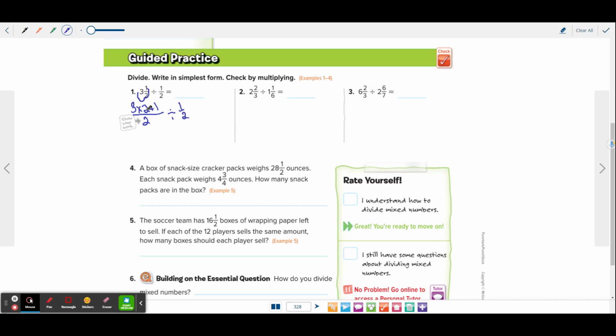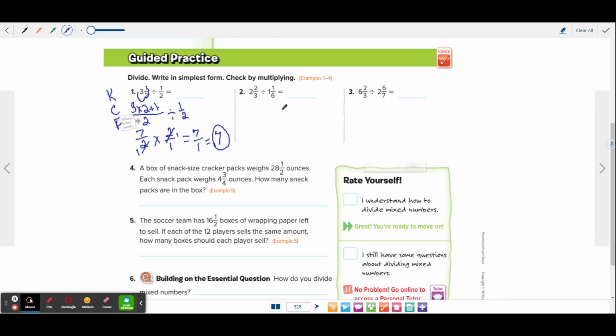So this is 3 times 2 is 6, plus 1 is 7 over 2. And if you remember, we do the keep, change, flip. So we keep this, change the sign, flip the second fraction. And we can simplify here. We can divide 2 by 2 and just knock those out. And then our answer is 7 over 1 or just 7.